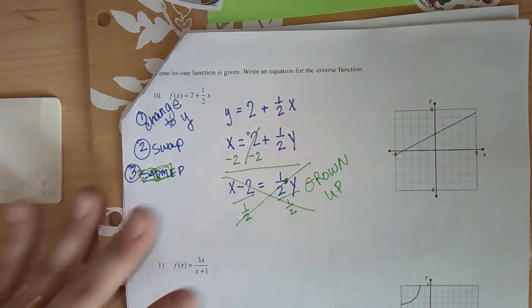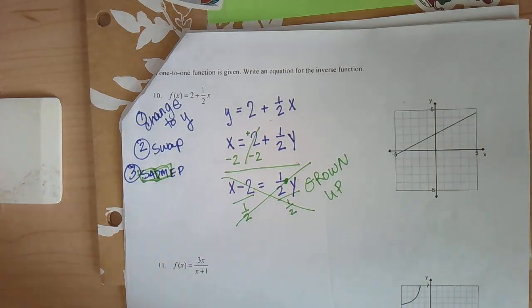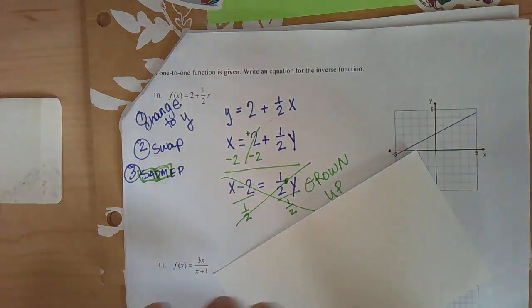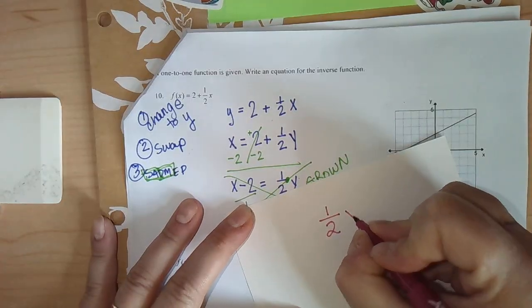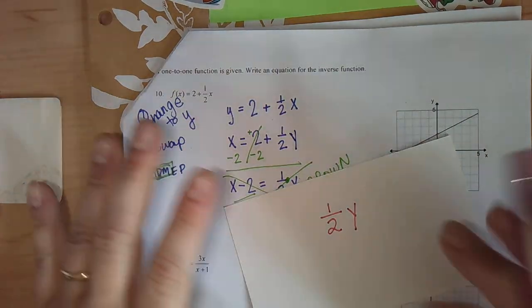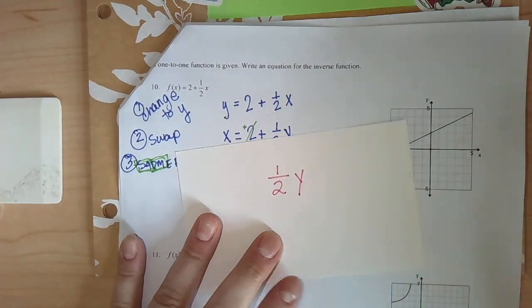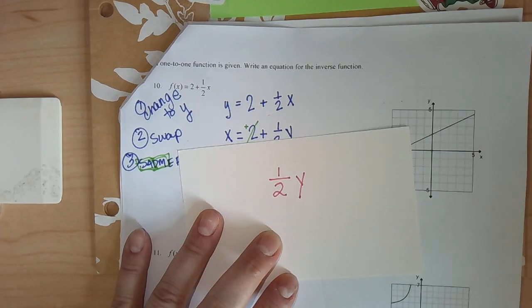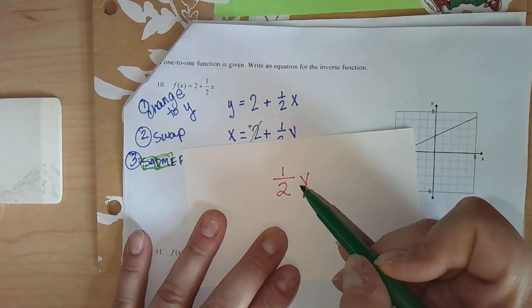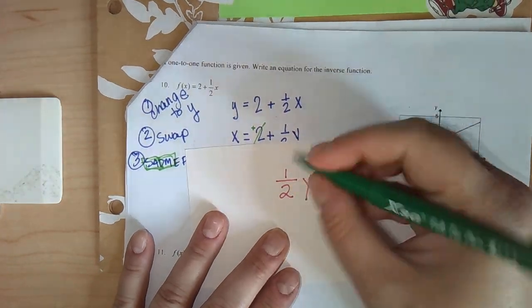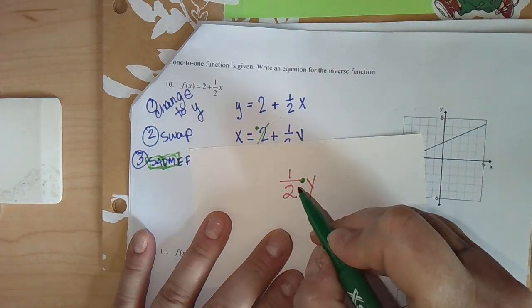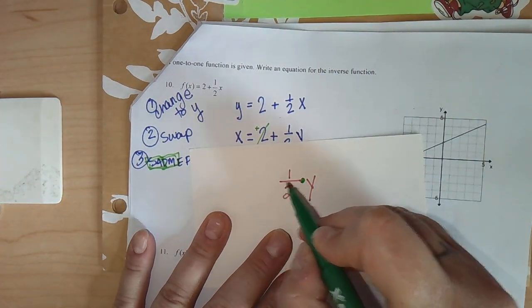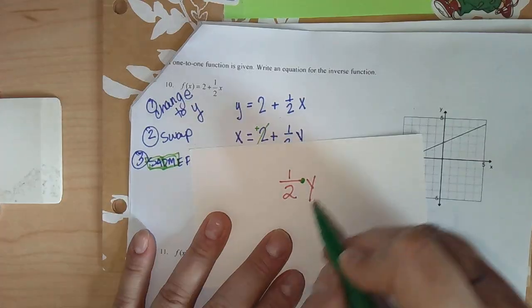To get rid of that 1/2, we're going to use a new fraction rule. Let's say we have 1/2 y. To get rid of this 1/2, this y is multiplying by some kind of divide 2. See how there's a division bar 2?